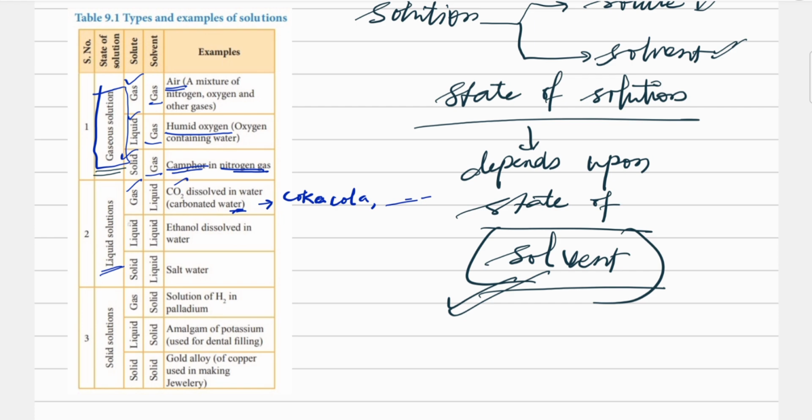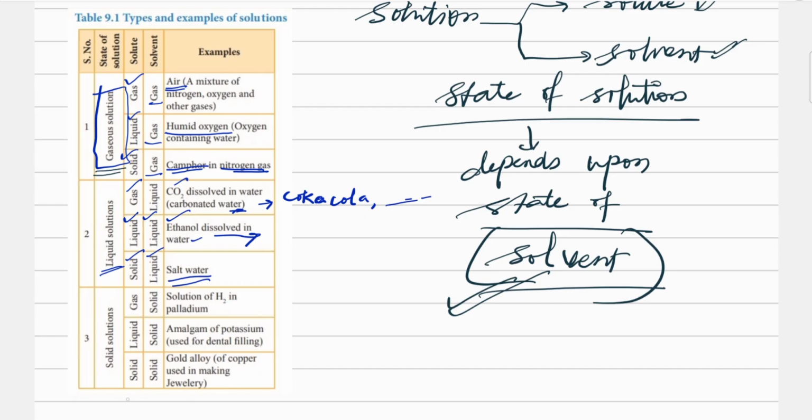Then liquid in liquid, ethanol dissolved in water, or mostly your liquid sanitizers, right? Then solid in liquid, that is salt water, we have known about it, sugar water, copper sulfate solution, anything.